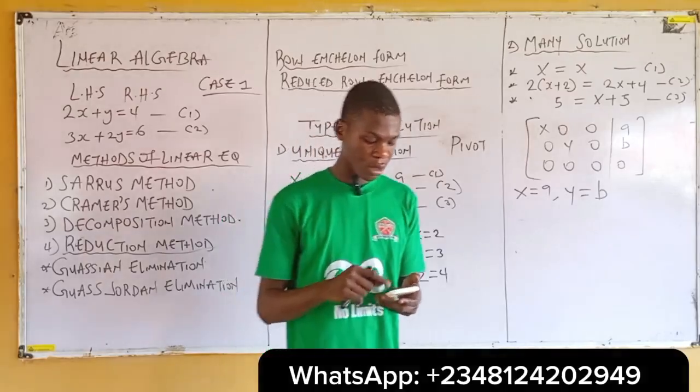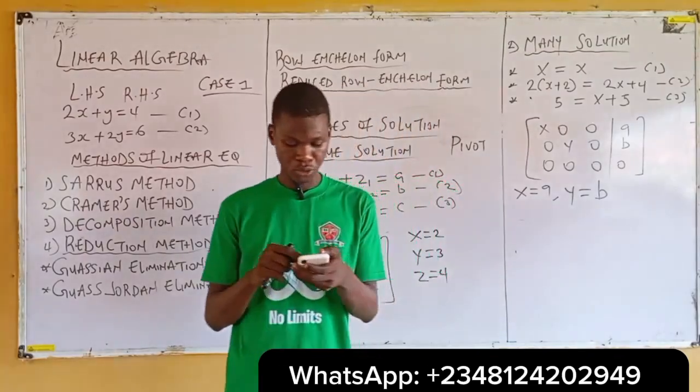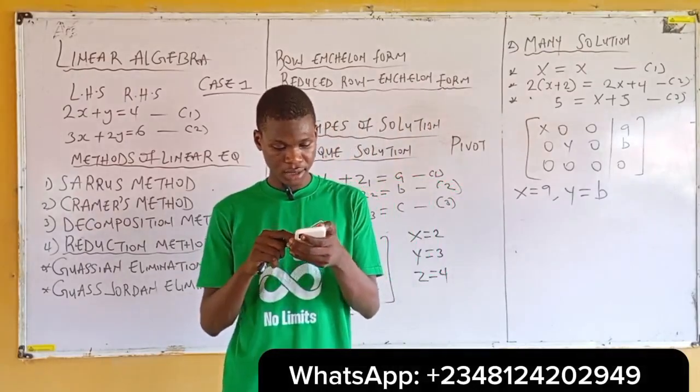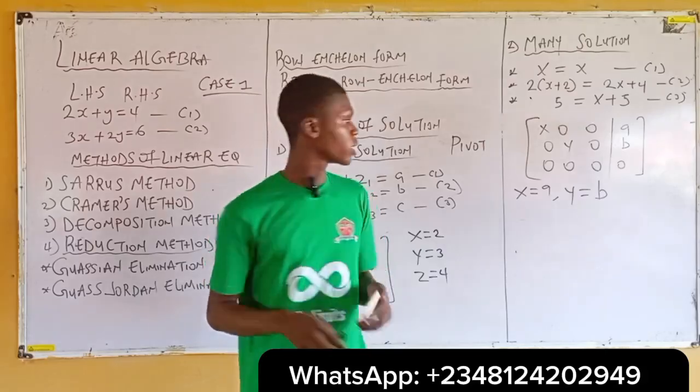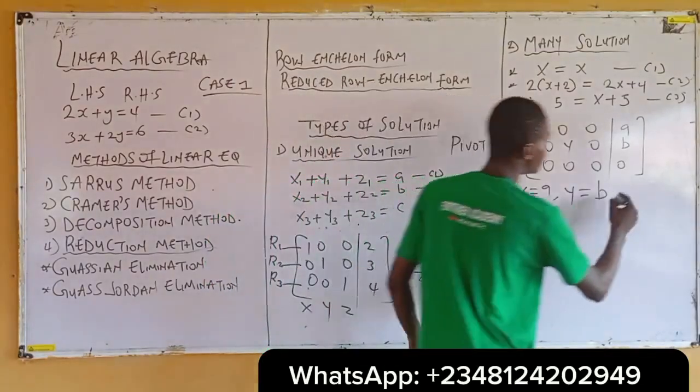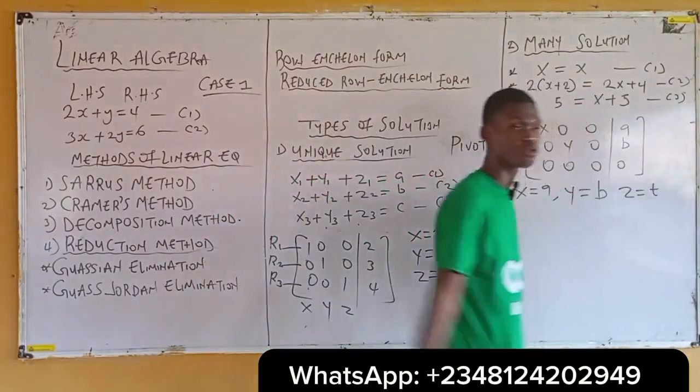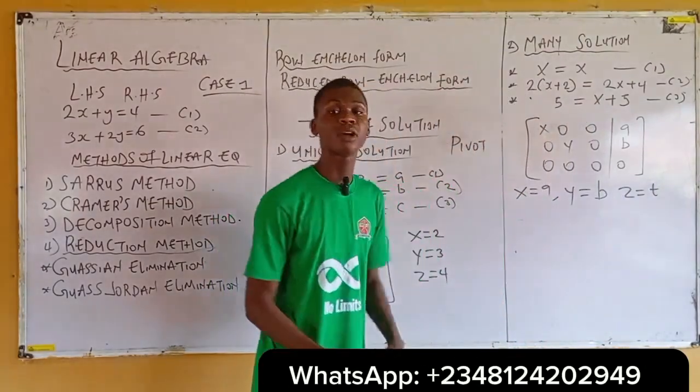You understand better when you start applying all of this to a given question. So let's write. In this case, z equals t, a parametric variable.